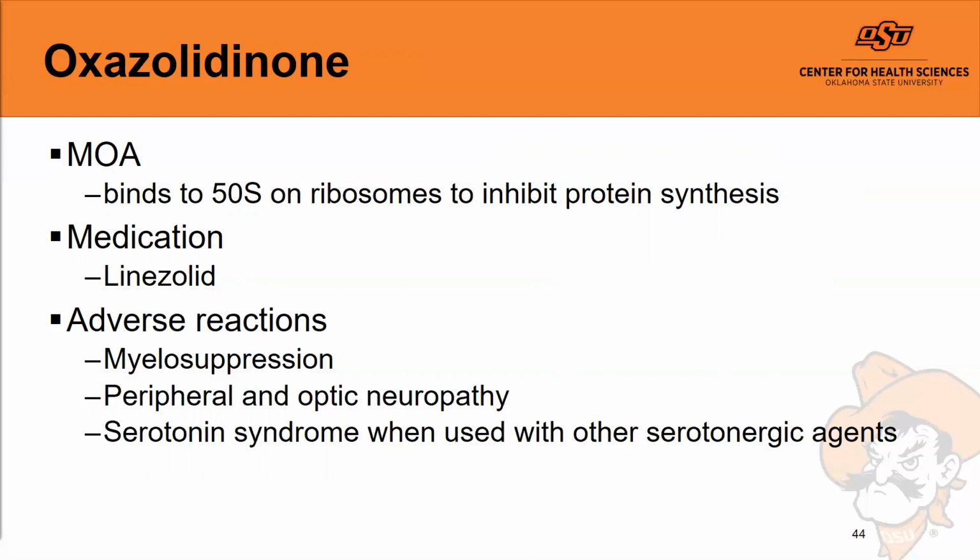Neurologic toxicity, such as peripheral and optic neuropathy, can be seen with use greater than 28 days. So patients should not use this for long-term treatment due to these effects. It's not recommended to do this longer than 14 days. Serotonin syndrome can occur when used with other serotonergic agents, so it's important to look out for drug interactions that may occur.